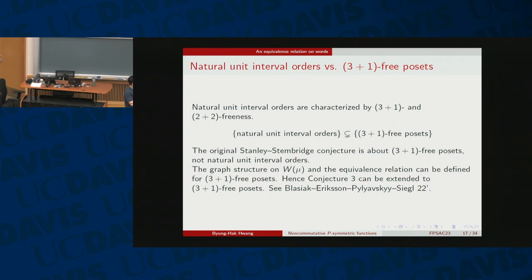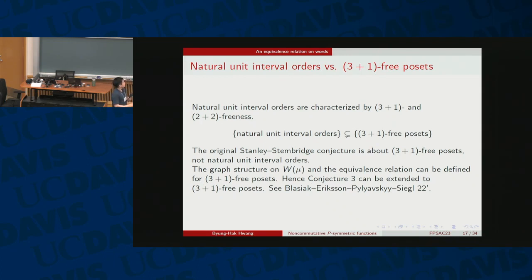Before we move on to the next part, I need to remark one thing. Natural unit interval orders are characterized by (3+1)- and (2+2)-freeness. So the set of natural unit interval orders is a proper subset of the set of (3+1)-free posets.